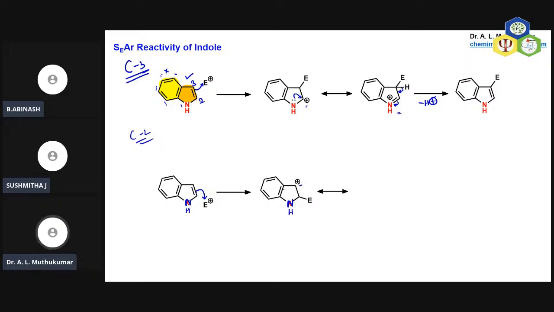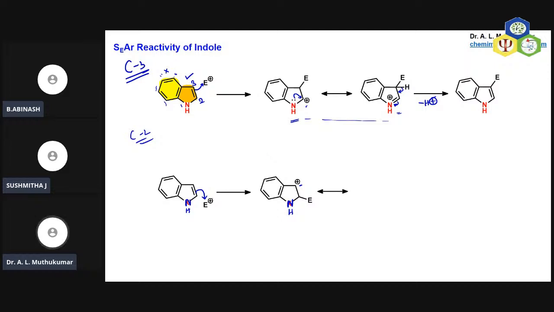Now this cation has to be generated, and without disturbing the aromaticity of the benzene ring, I'm unable to draw any resonance structure. Whereas in the case of C3 position attack, without disturbing the aromaticity of the benzene ring, I'm able to write at least one resonating form. So in this case, I cannot write any resonating form without disturbing the benzene ring.